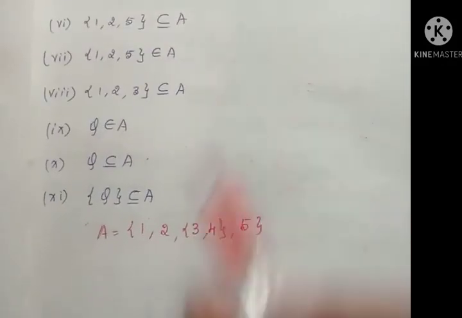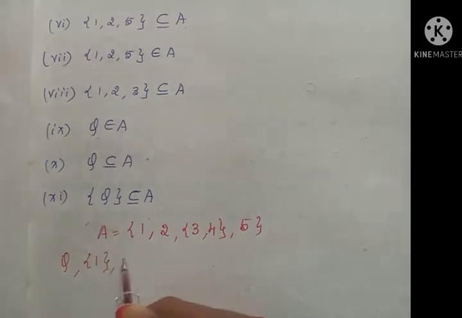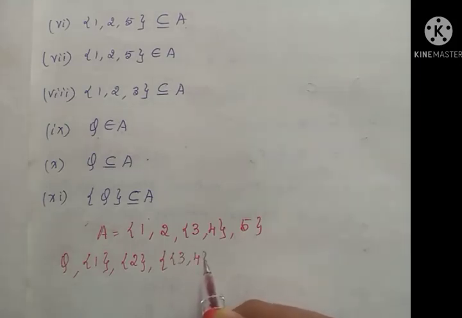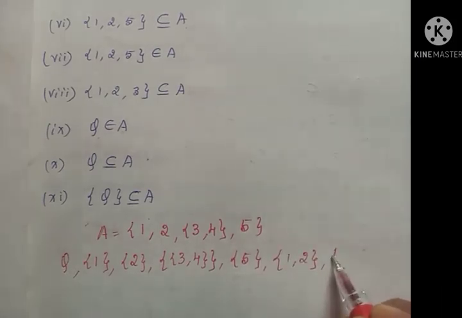What are the subsets of this set? I can say that empty set, set having the element 1, set having the element 2, set having the element {3, 4}. I can't separate these two. Set having the element 5. Then set having the elements 1, 2. I'll consider the two elements.